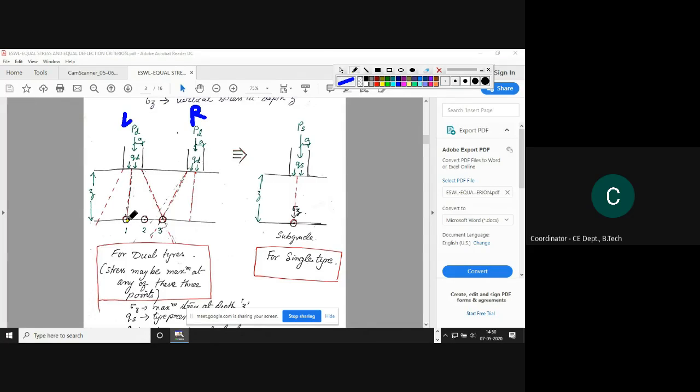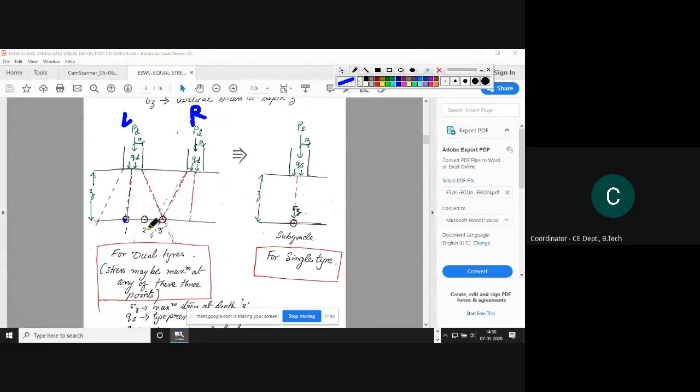So the first point will be just below any wheel, whether it is the right wheel or the left wheel. I'm considering the left wheel. So the first point will be just below the left wheel. What will be the radial distance between this point and the central axis of this left wheel? It will be 0.